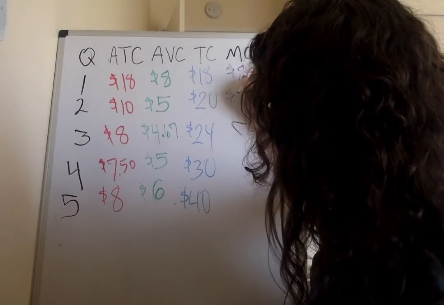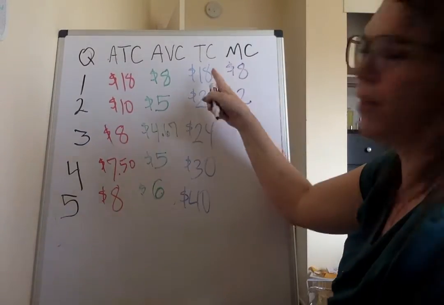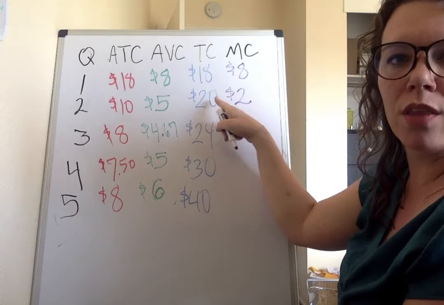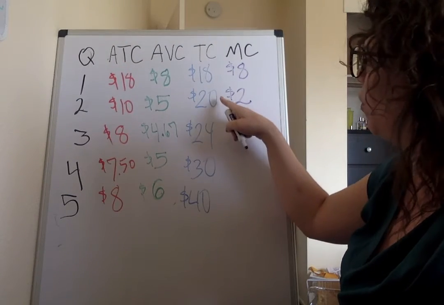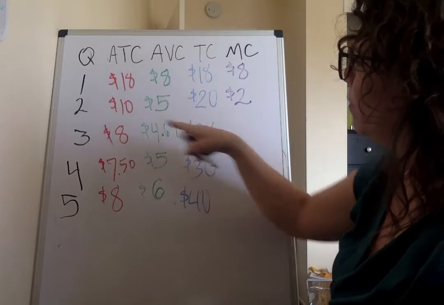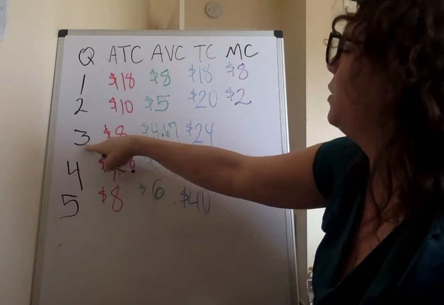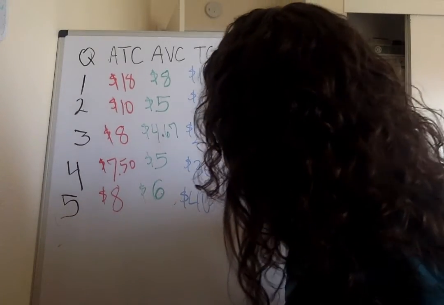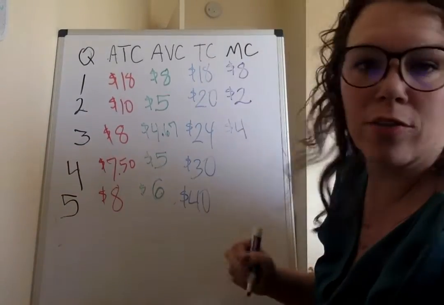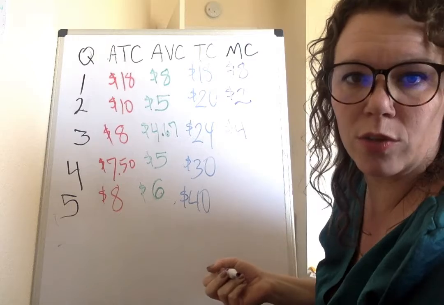I picked a bad pen for this one. Right? Because we're going from 18 to 20, the marginal cost is 2. When we go from 20 to 24, the marginal cost of that third unit is going to be that extra $4 of going from $20 to $24.